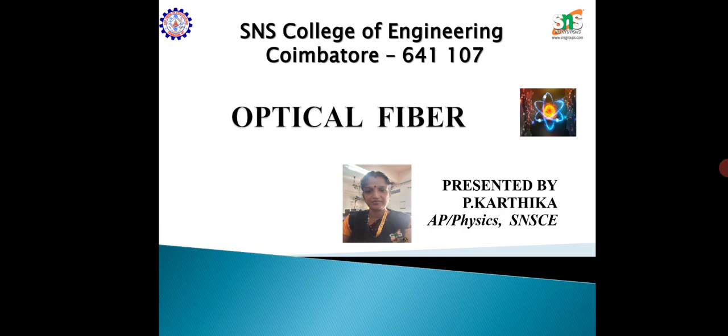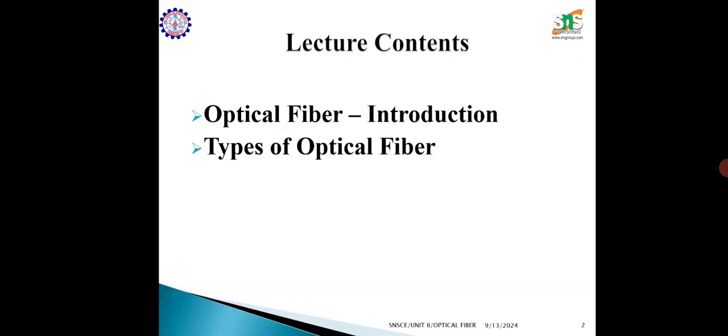In this session, I am going to explain the introduction of optical fiber and types of optical fiber. It is continuous with the laser, because laser light can be used for long distance communication. Before the invention of the laser light source, radio waves, microwaves and other light waves were used for communication systems, but they can be affected by atmospheric conditions like rain and fog.